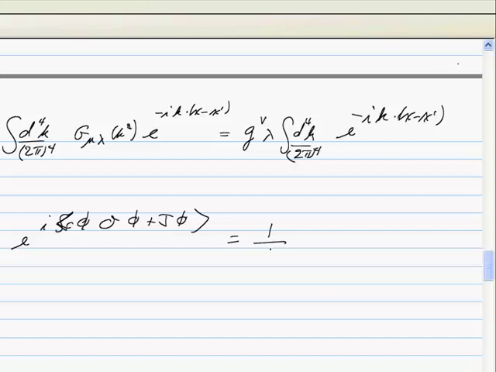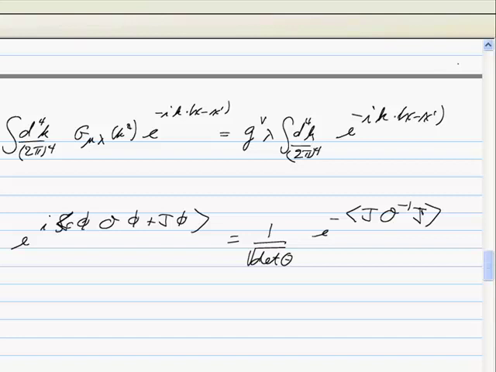We wrote that as 1 over the square root of the determinant of O, e to the minus J O minus 1 J. Right? That's our basic thing. So O minus 1 is the propagator, and we've now seen this formula enough times, I'm not going to write it.